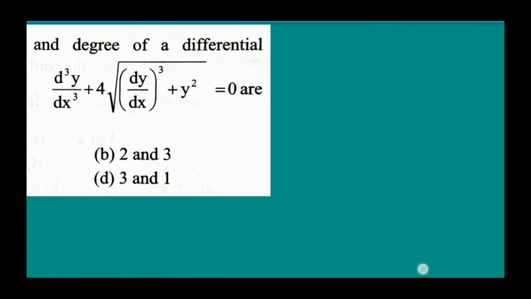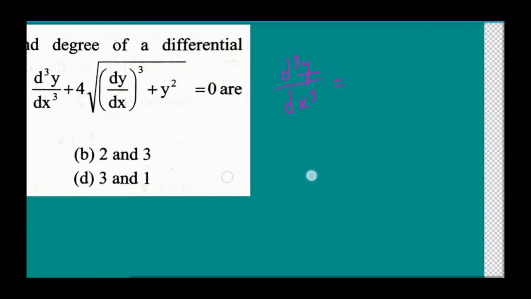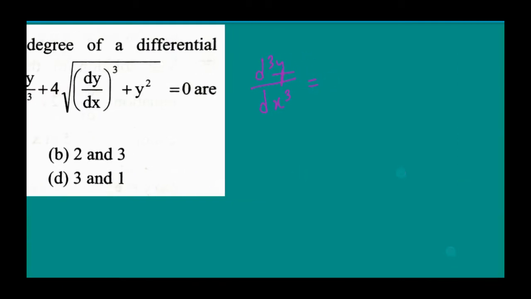This one is a tricky one, so I can write it like this: d cube y by dx cube is equal to minus 4 of (dy by dx) whole to the power 3 plus y square. Why am I doing this one?